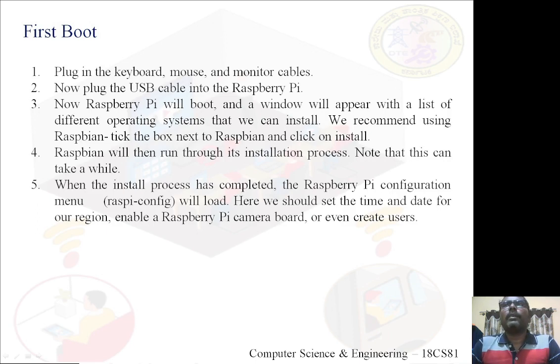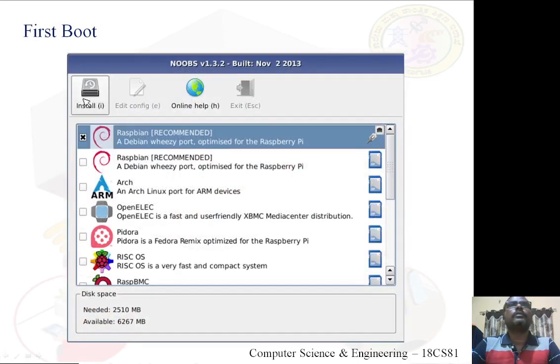It may show the choices, like on the next slide I show you now. See here, this is for the first boot when I give power supply to the Raspberry Pi computer. This is the first window that is going to appear on the monitor.